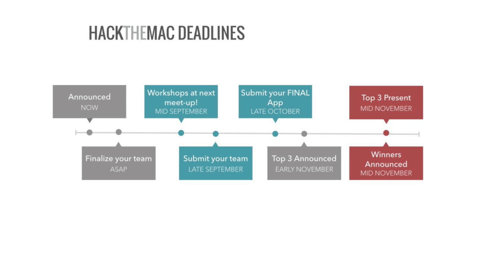Shortly after that, you'll have to submit your team. At the very end of October, we'll ask you to submit your app. The top 3 from each category will be announced in early November, and then we'll have our actual event, where the top 3 will present and we'll announce the winners.